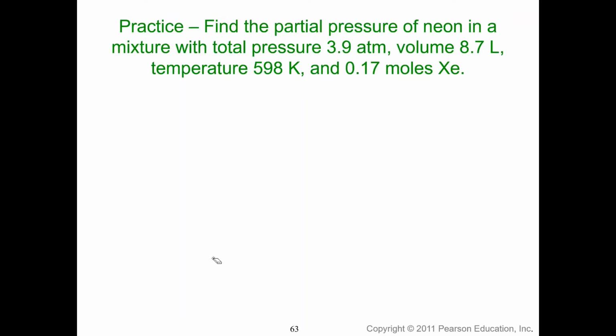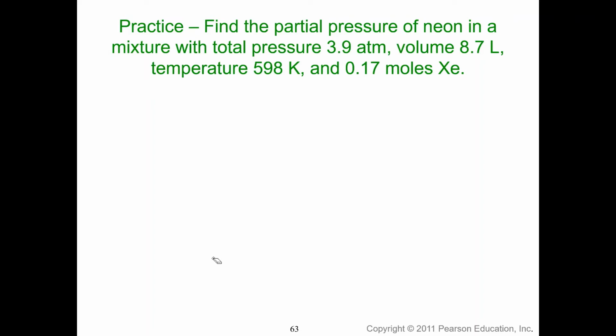The volume is given, the temperature is given, and the moles of xenon is given. So how do we go about finding it? We need to find the partial pressure of xenon, and then from the total pressure, we find the partial pressure of neon.